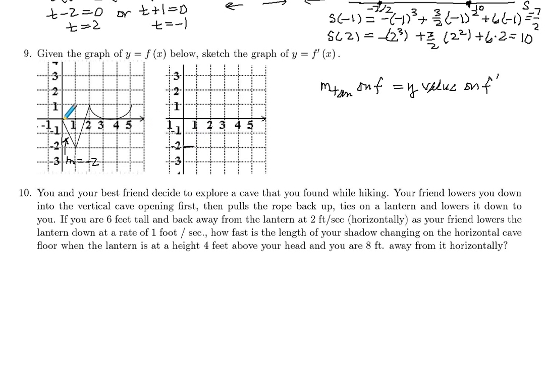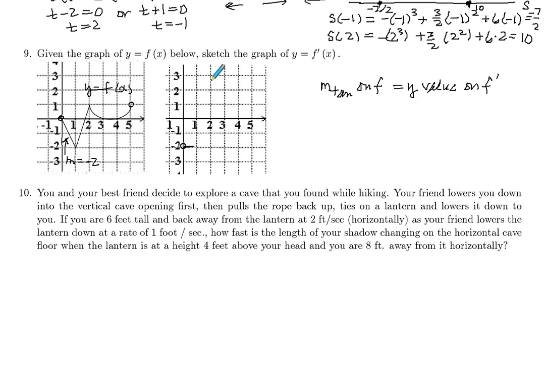Now, here it looks like our graph ends, and I didn't extend it past that point, so we won't assume that the function is defined there. I actually probably should have put an open circle here, and then an open circle there. So what that means here is that the function's not defined, so the derivative can't be defined here. This is our graph. This is f, y equals f of x.